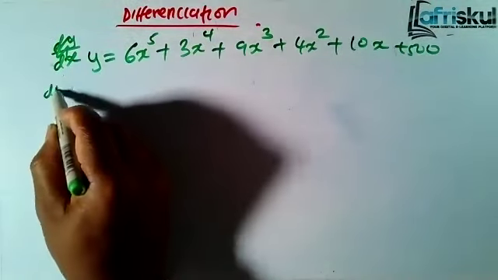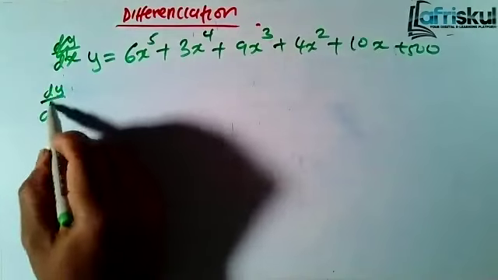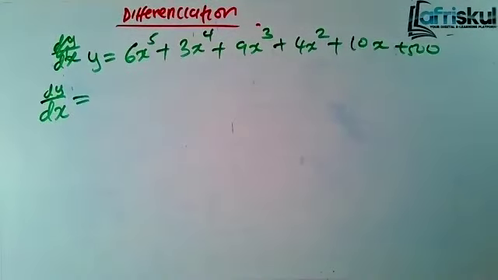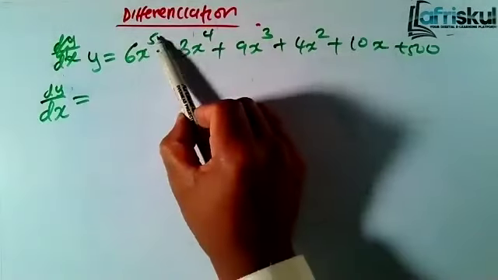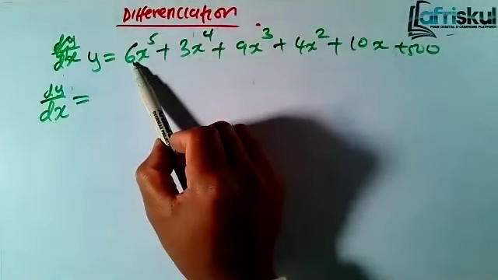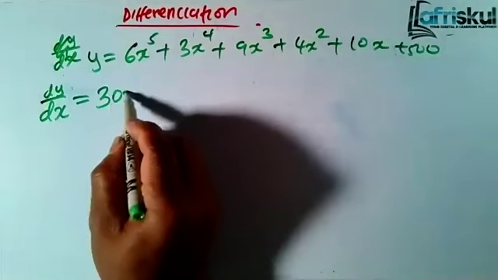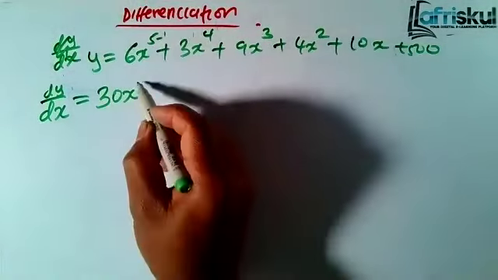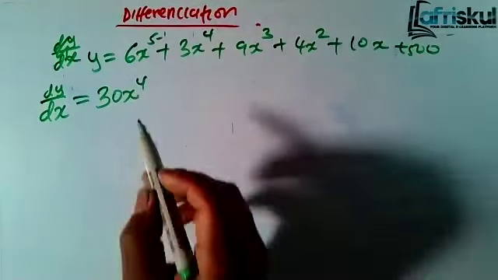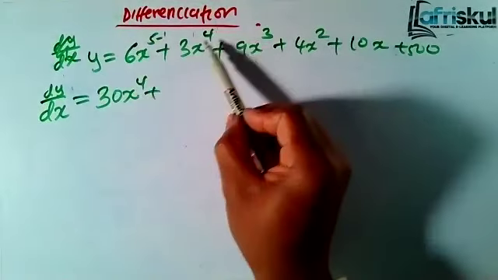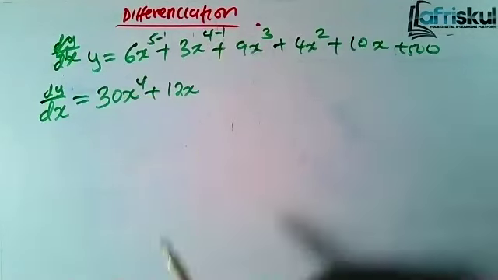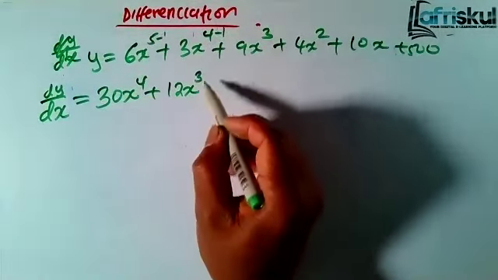You say you differentiate y with respect to x is equal to, so note this is what you do. You take 5 times 6, you get 30, so it will be 30x, here 5 minus 1, so 5 minus 1 you get 4. Plus 4 times 3, you get 12, so it will be 12x, here 4 minus 1, x raised to power 3.